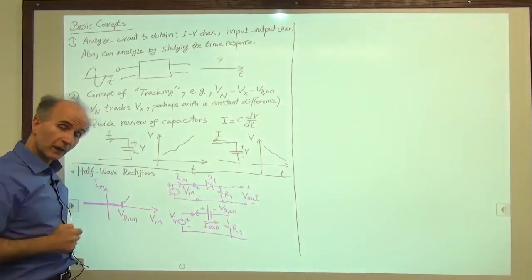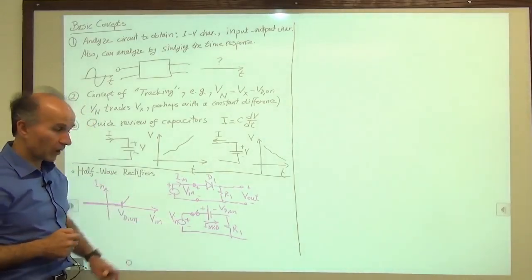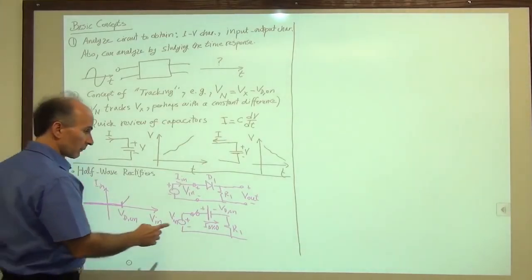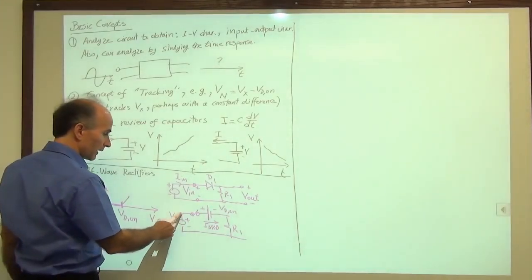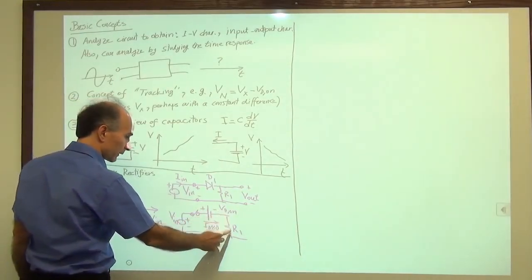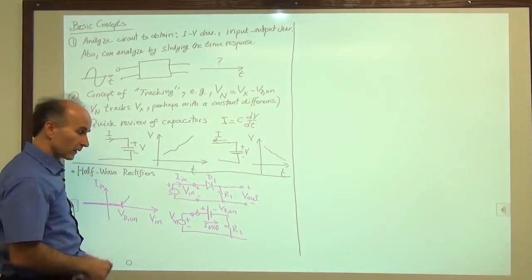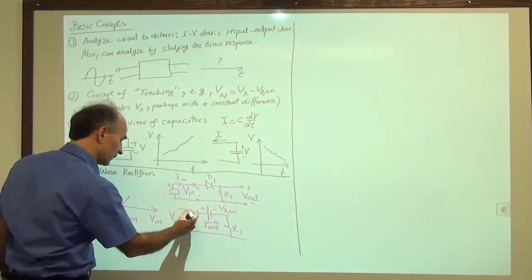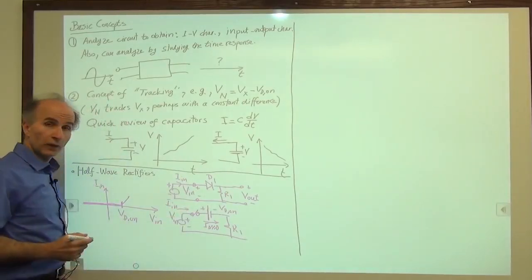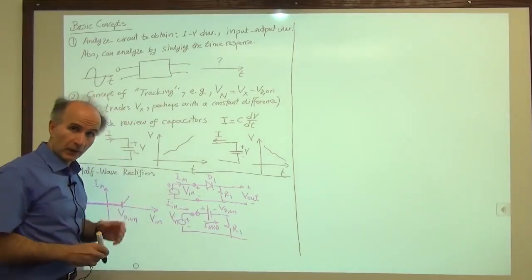What happens after the diode turns on? Well, we can still use the same model. So the current becomes equal to V in minus VD on divided by R1. So if you call this I in, if you want to do it step by step, this is how you would say.